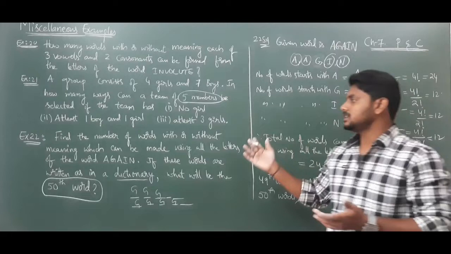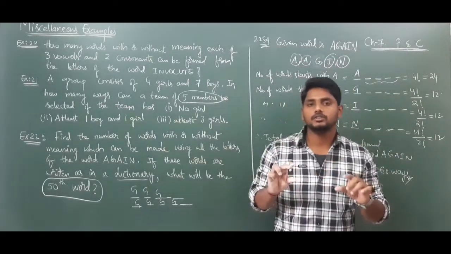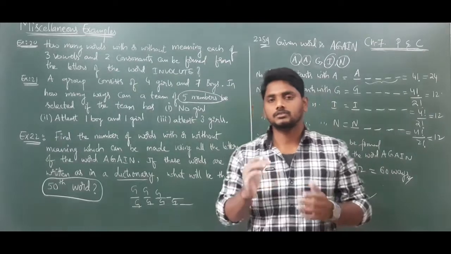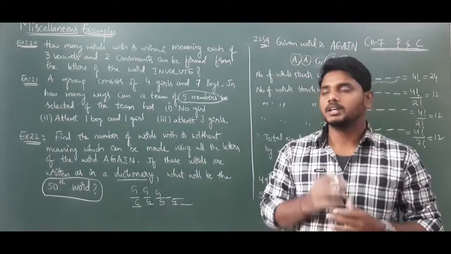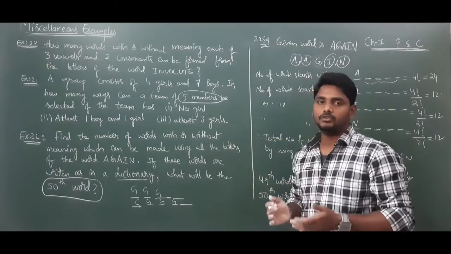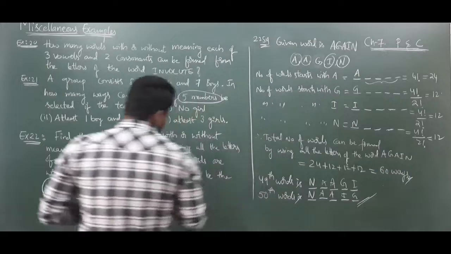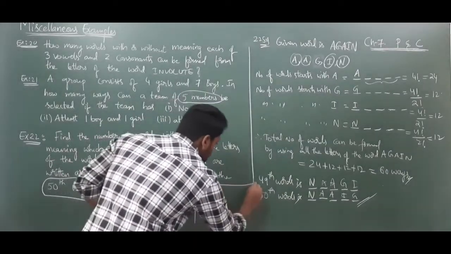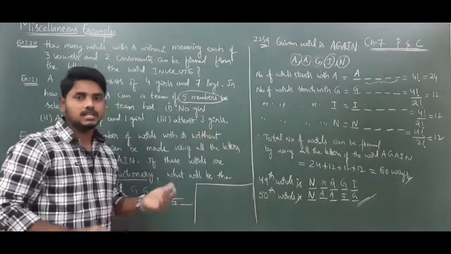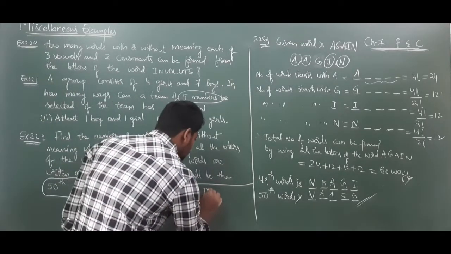In the next examples, number 23 and 24, I will send a screenshot of those examples so that you do them and copy in your notes. When it comes to the assignment, you do examples number 23 and 24. And another assignment is: find the number of words that can be formed by using a word. Note down those.